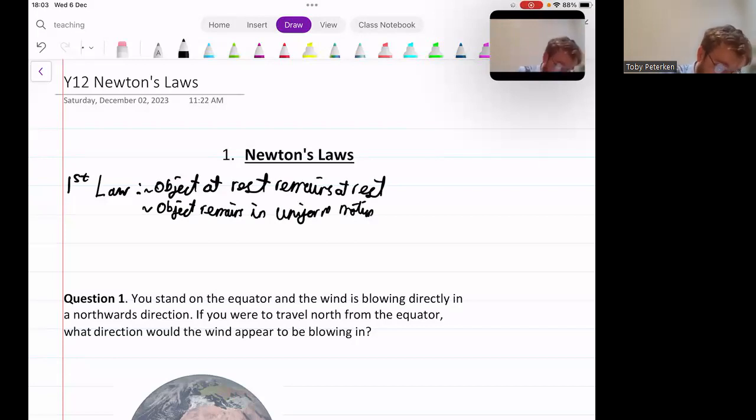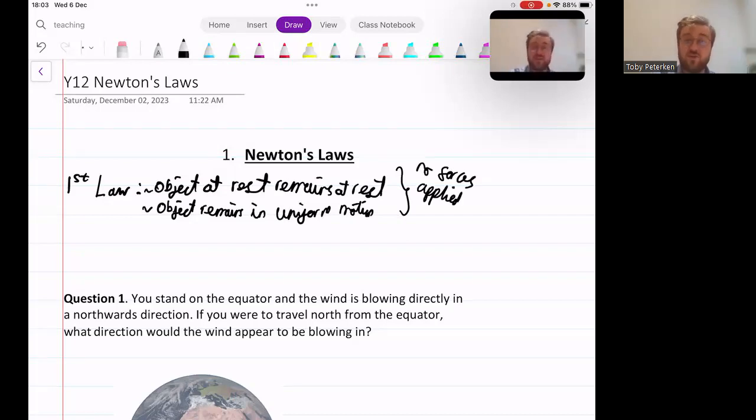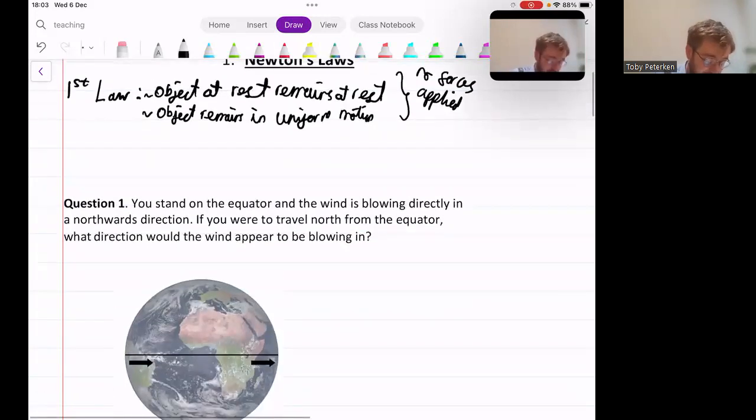This holds as long as no forces are applied. And then the second and third laws look at what happens when forces are applied.